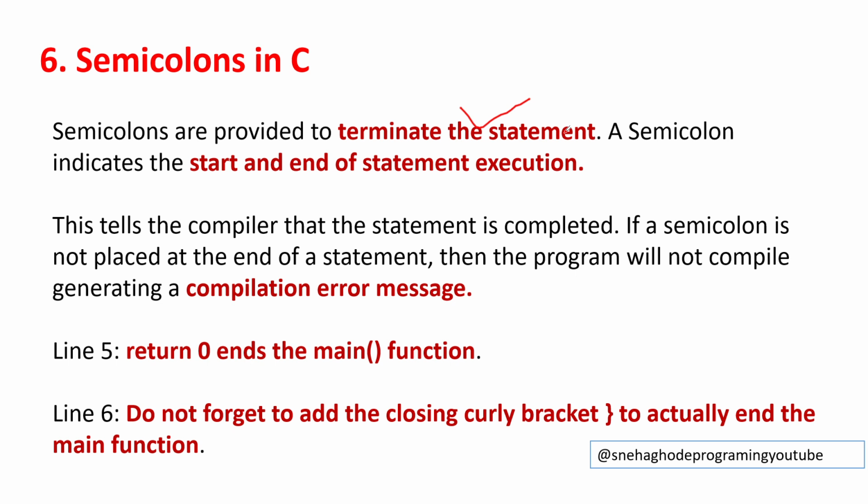The semicolon is going to terminate the line and the compiler will go on to read the next line. So the semicolon indicates the end of the execution statement, right? This tells the compiler that the statement is completed. If the semicolon is not placed at the end of the statement, then the program will not compile and a compilation error message is generated.